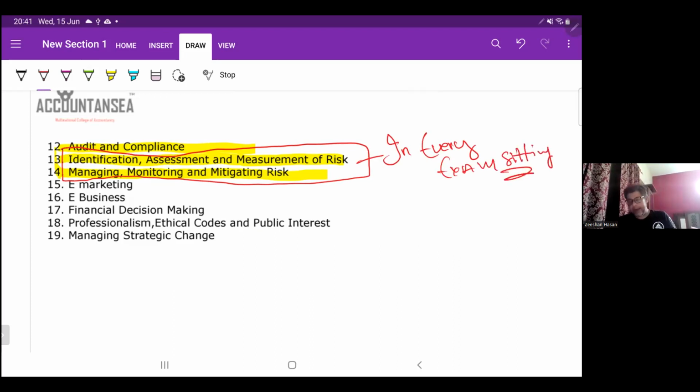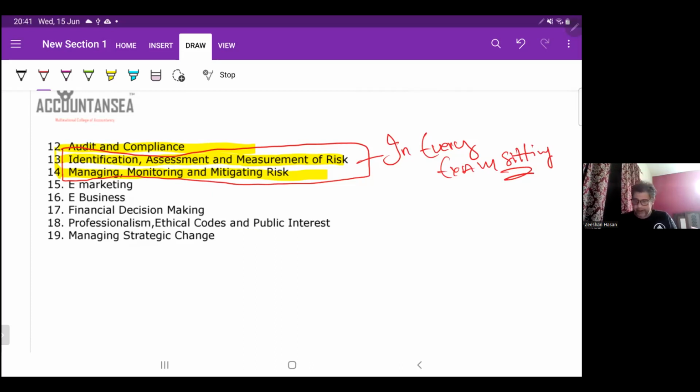Then we have e-marketing, e-business. Wow, that's my favorite, by the way. E-business, e-commerce business, what are the advantages and disadvantages, and how we can handle e-business, how we can do e-marketing, digital marketing, what are the differences between digital marketing and traditional marketing, all will be covered over here.